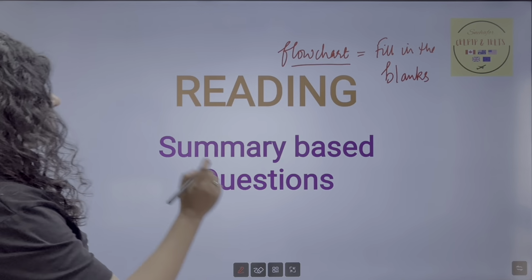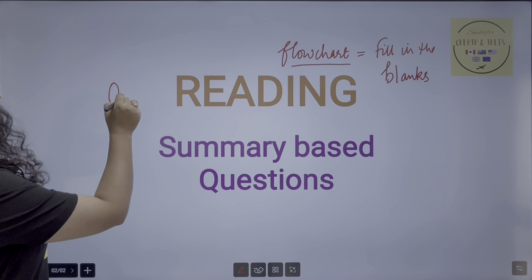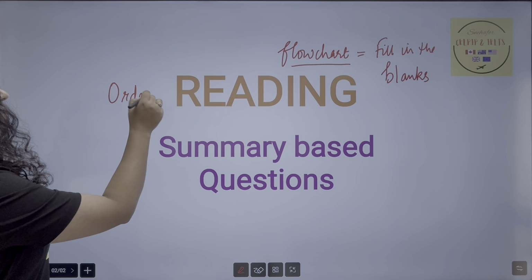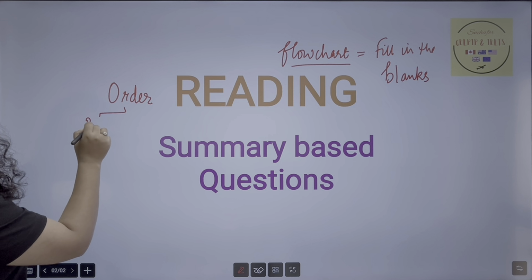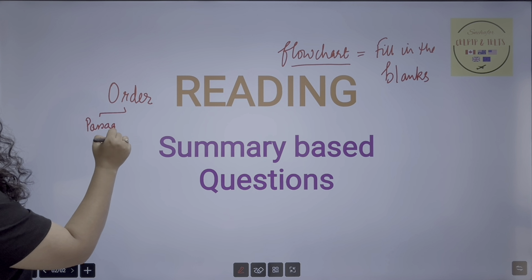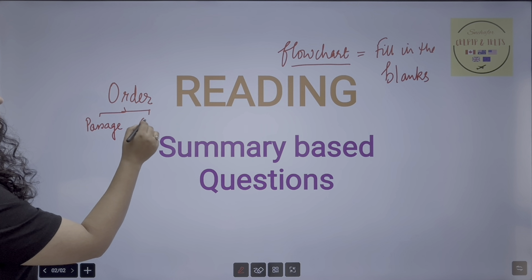But before we do that, I would like to remind you of some points that we have to remember in order to solve these fill in the blanks or summary based questions. The first thing is order. The order of the passage and the order of the questions is the same here.